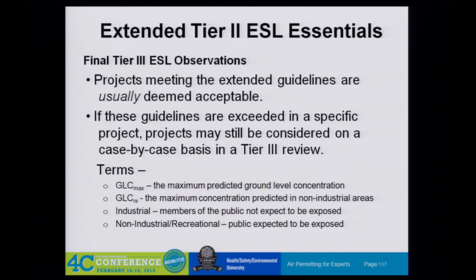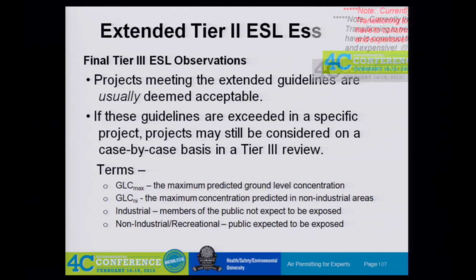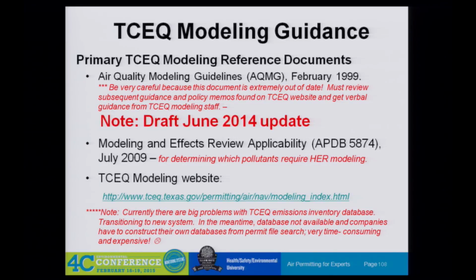There are some terms that we use a little bit in those tables. Again, the primary TCEQ modeling reference documents are the air quality modeling guidelines. They came out with a new one, they're calling it draft, but it's the one everyone's using now, 2014.